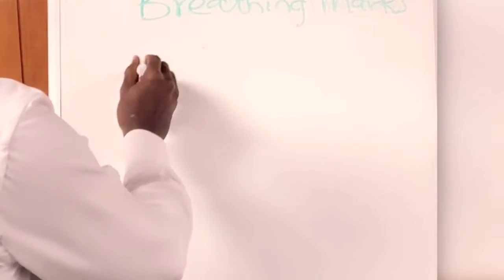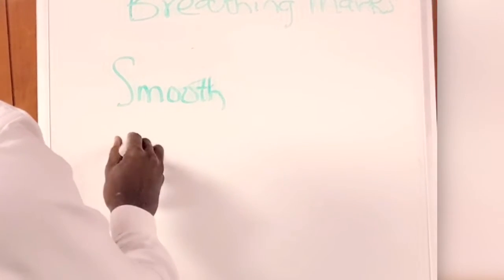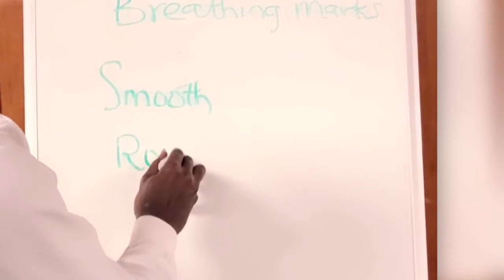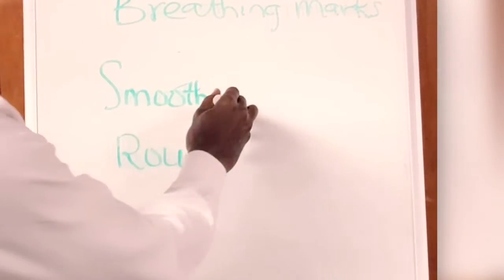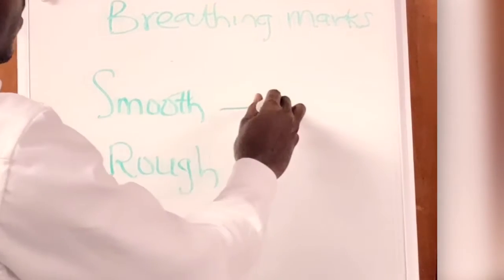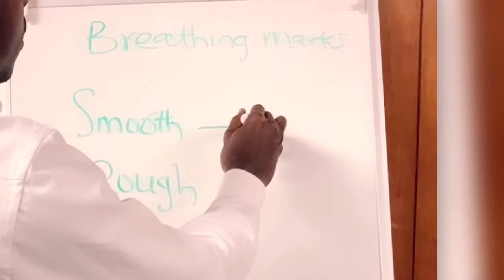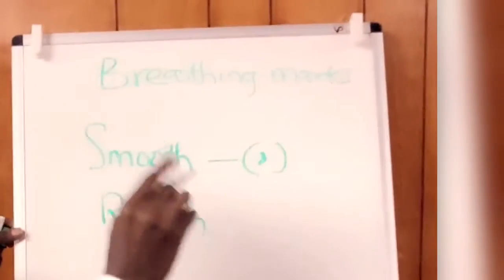They are smooth and rough breathing marks. Smooth breathing mark is written like a small comma or a little apostrophe, like this. And rough breathing mark is written like a small c, like this.